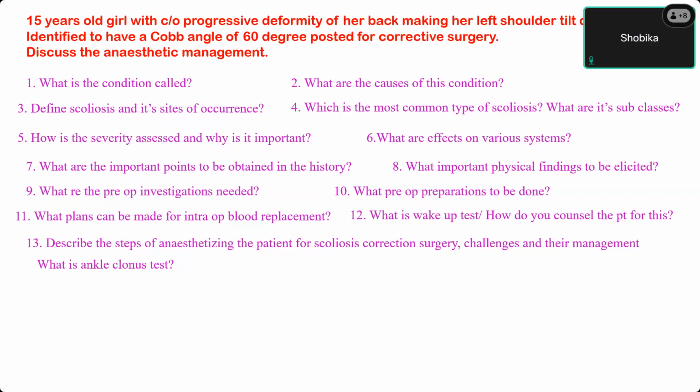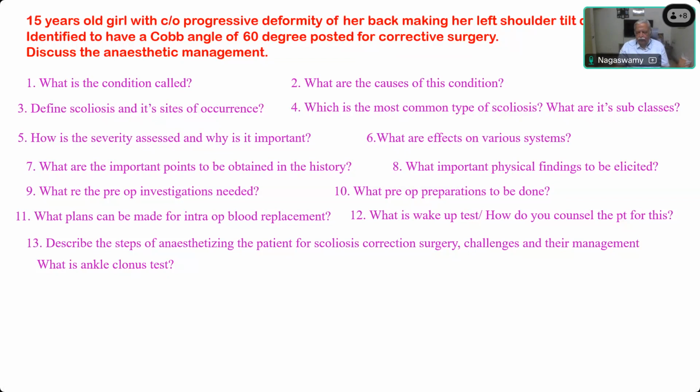For analgesia, we can go for a multimodal approach, sir. IV paracetamol, NSAID, and opioids, as we have already said, and then blocks, spinal block, erector spinae blocks, sir. Erector spinae block can be instituted.